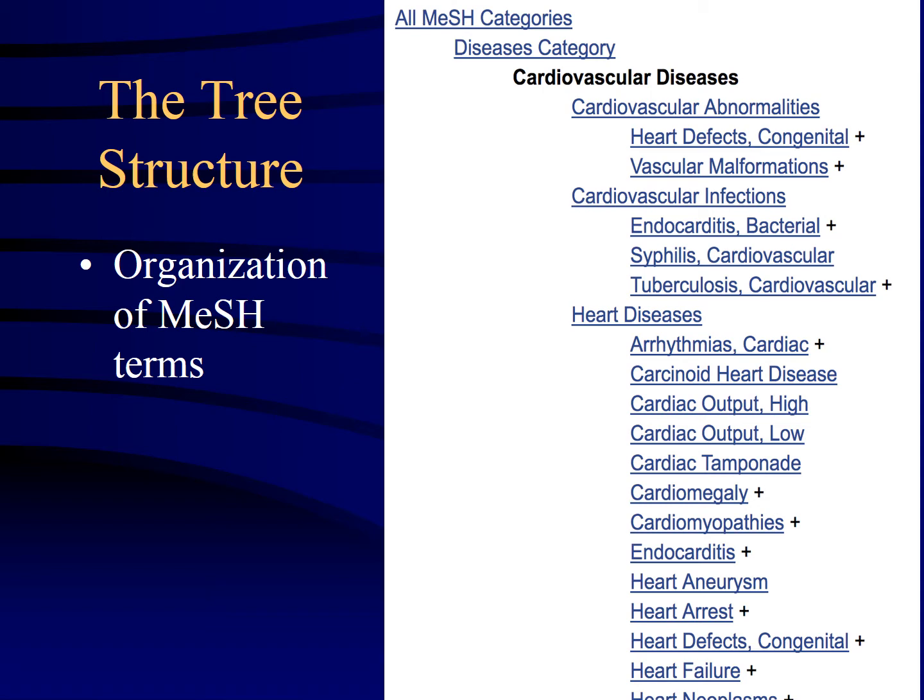You have to choose to explode the terms. So again, the plus to the right on the MeSH term arrhythmias, cardiac, means that there are other MeSH terms listed below that are more specific, and that these terms will be exploded when using PubMed, but will not be exploded when using other search engines such as EBSCOhost Medline.